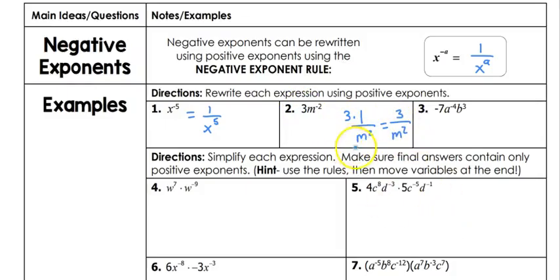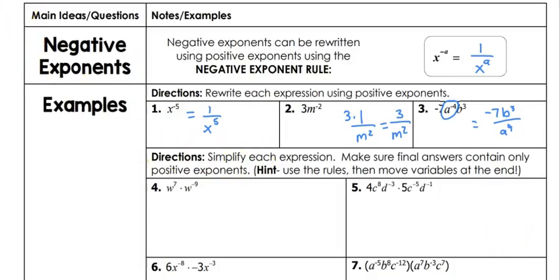The coefficient does not go to the denominator with the variable. So like here, I have -7, a to the 4th, b to the 3rd. The only thing I'm moving to the bottom of the fraction is the a to the 4th. So the -7, b to the 3rd stays on top, and then a to the 4th goes to the bottom to make that exponent positive.